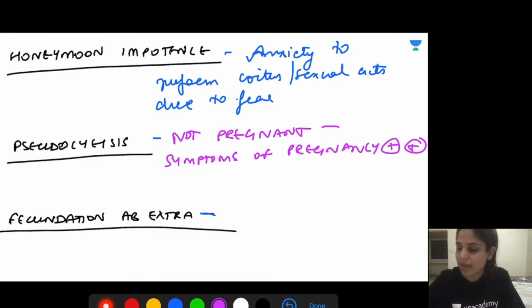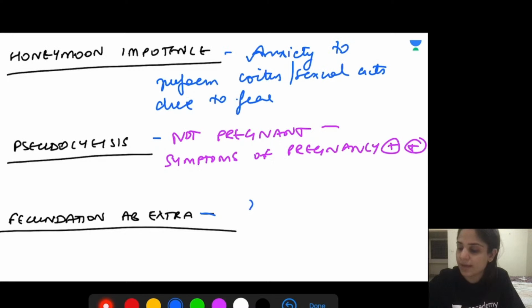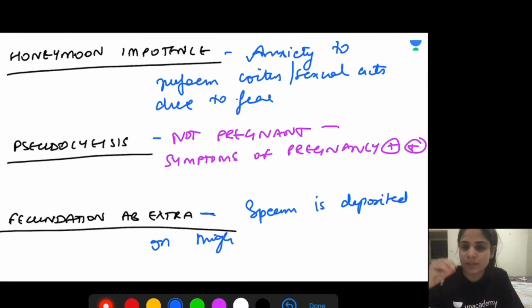What is fecundation ab extra? So if sperm is deposited on the thigh, or if sperm is deposited on the vulva, or it is deposited basically not in the vagina but very far away from the vagina and the cervix, but still despite this there is pregnancy.